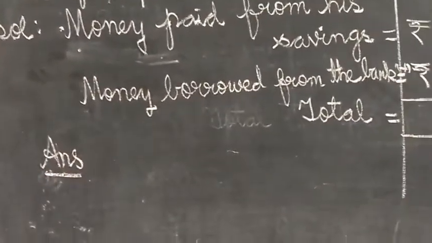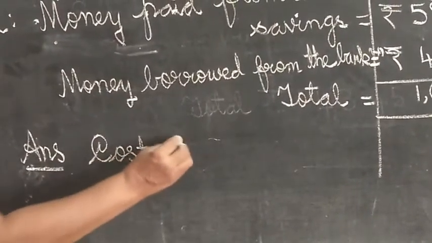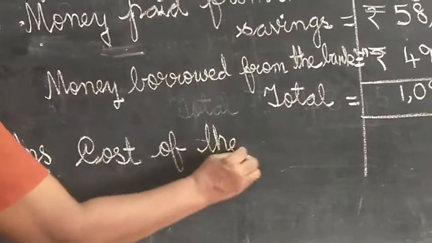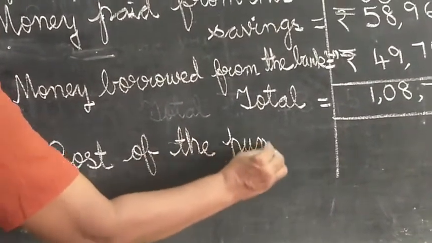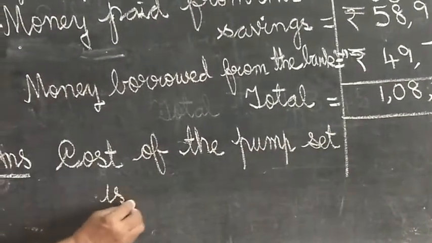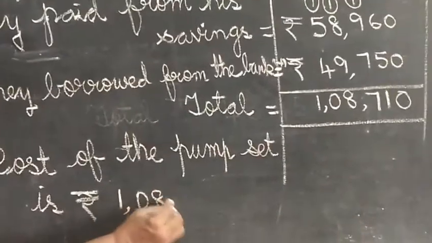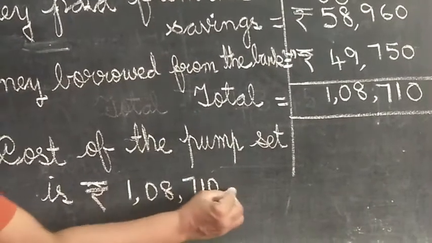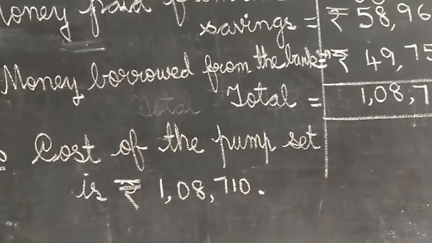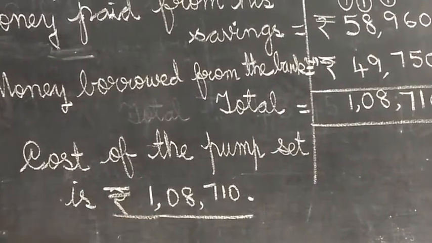What's the answer, children? Cost of the pump set is rupees 1,08,710. Okay children, understood? Now we'll see the fourth sum.